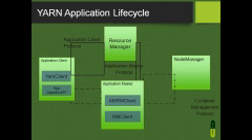Now we look at the YARN application lifecycle. In this lifecycle, we are looking at the application client. The application client has a YARN client and some app-specific API, and on top of that there is a resource manager, a node manager, and an application master.